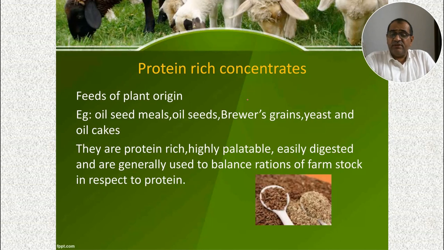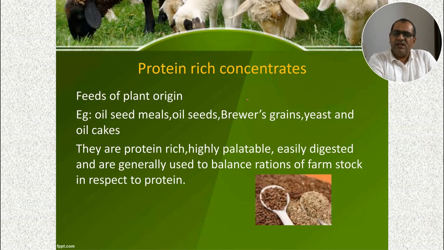But oil seed cakes are the only sources of protein here, because humans extract the oils from the different oil seeds, then the cakes need to be discarded. Ultimately, these become a very good protein rich source for cattle.